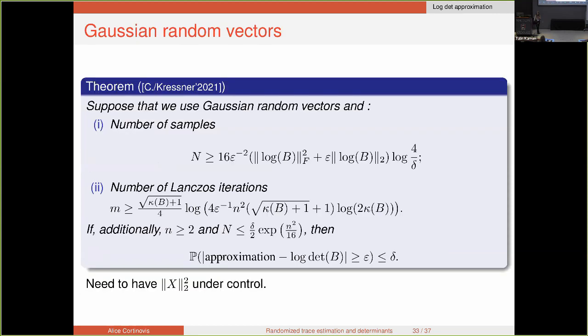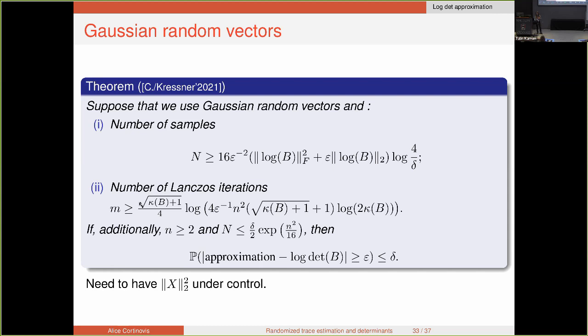Okay, you can do the same thing for Gaussian random vectors. The only annoying thing is that they're not bounded, so we have an additional technical assumption that basically says that the squared norm of x doesn't go out of control.